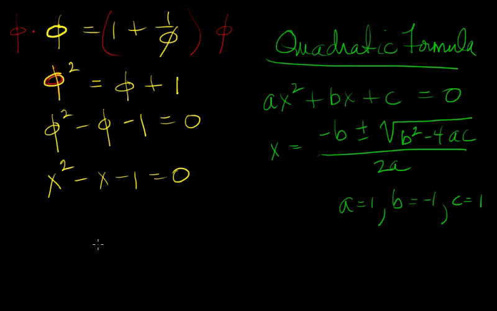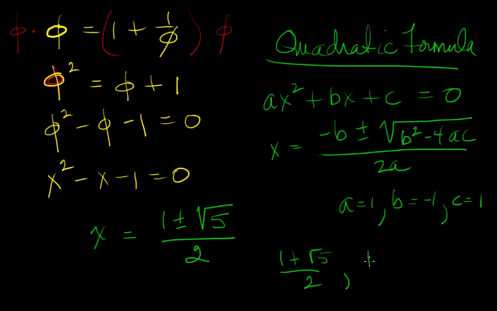So you go ahead and use this formula here, and you will find that x is equal to 1 plus or minus the square root of 5, over 2. Plug it in and make sure that you could get this. Well, that's two different solutions. That is 1 plus the square root of 5 over 2, or x could be 1 minus the square root of 5 over 2. These are the only two real numbers that satisfy this equation right here.